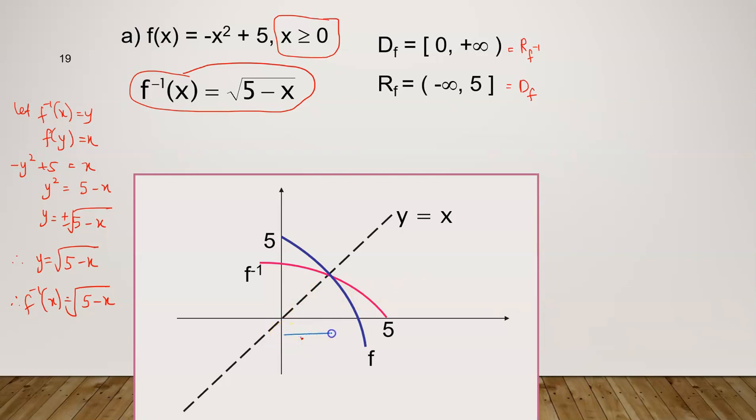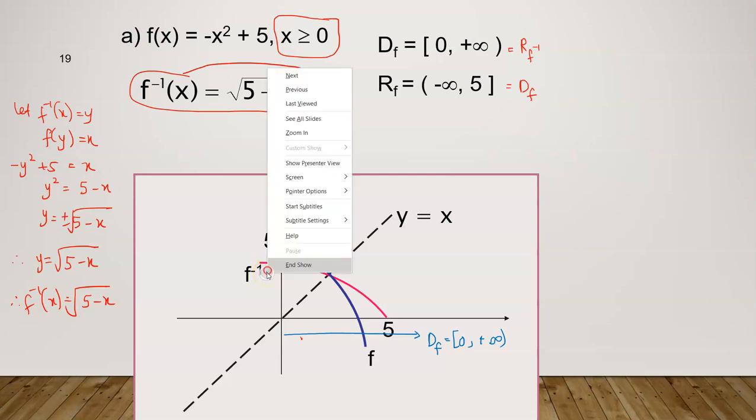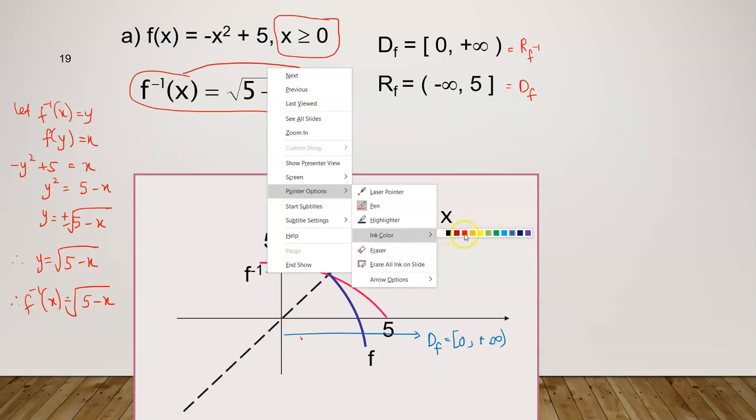So this is my domain, the domain of f equals to 0 to plus infinity. Okay, but then this is also the range of f inverse. If you look at the pink graph, let me change the pointer again, pointer option in color, let's say I'm using red.